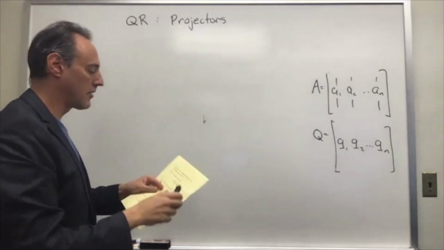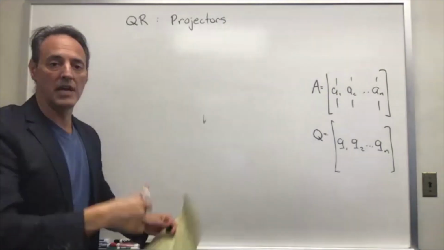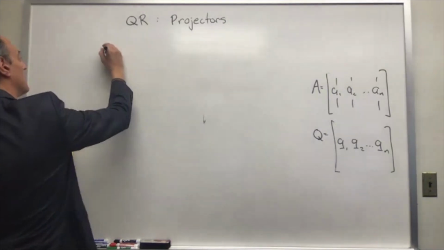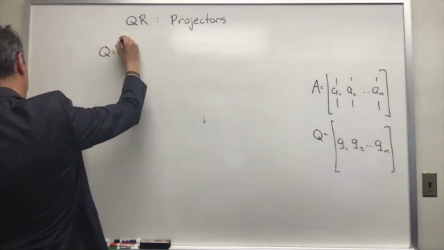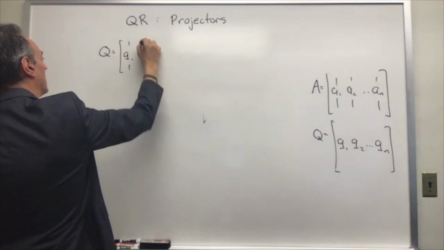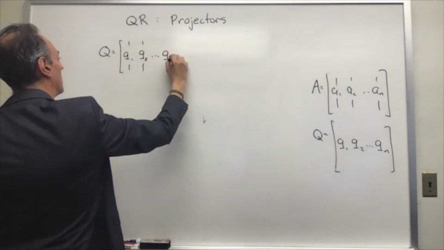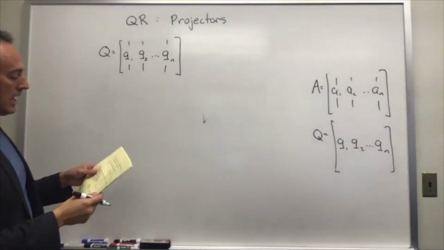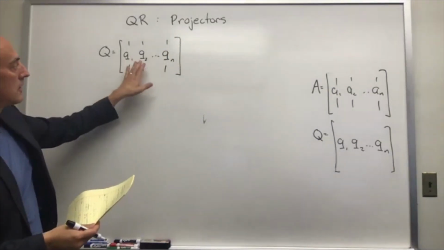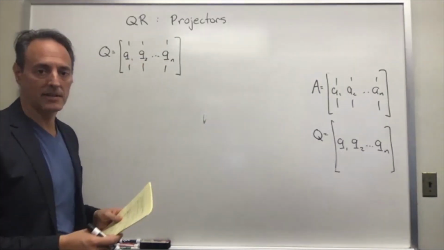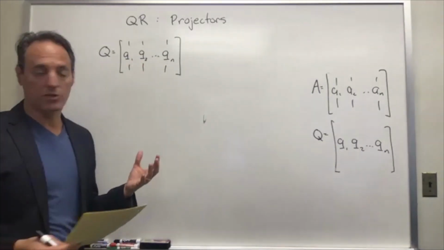So let's start considering what the idea of a projector is. First of all, we're going to come back and consider this matrix that we're working with all the time now. These columns form an orthonormal basis in some m-dimensional space.